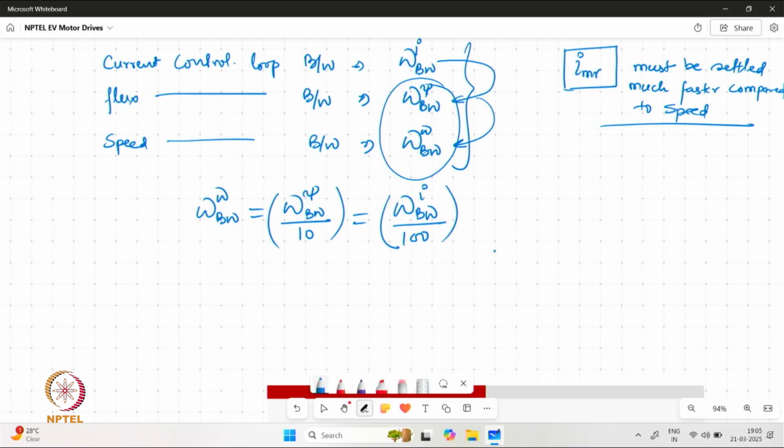So which means that our speed control loop bandwidth is going to be approximately 1/100 of the current control loop bandwidth. And as seen in case of DC motor as well as permanent magnet synchronous motor, we have given a clear understanding about how and why there should be a maximum limit on the current control loop bandwidth.